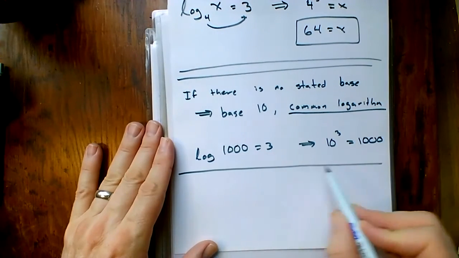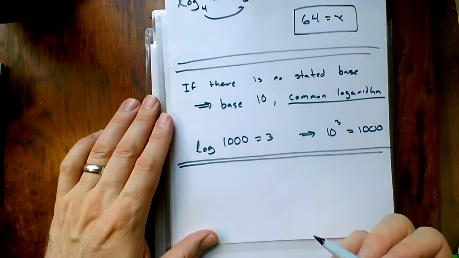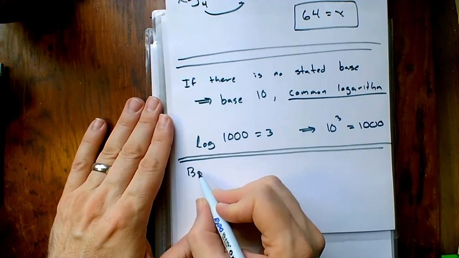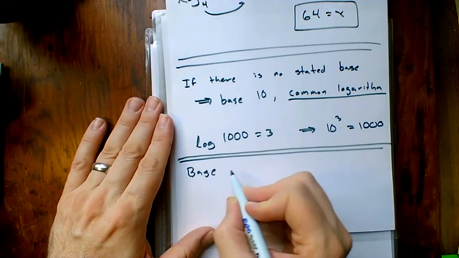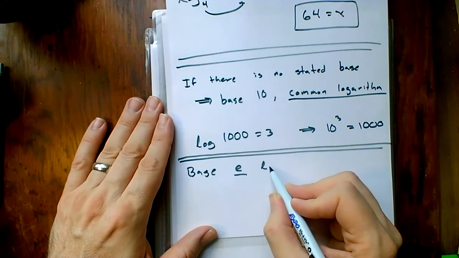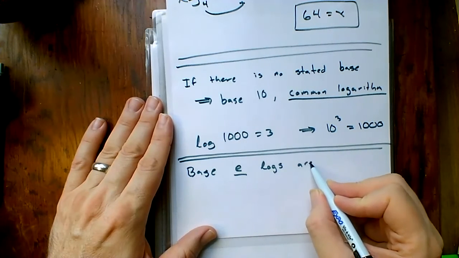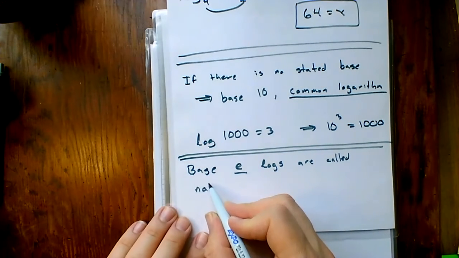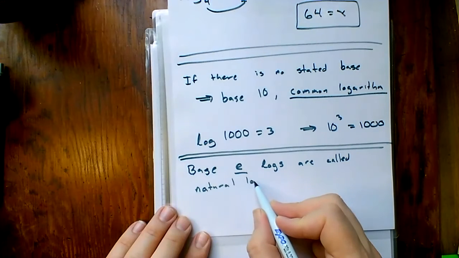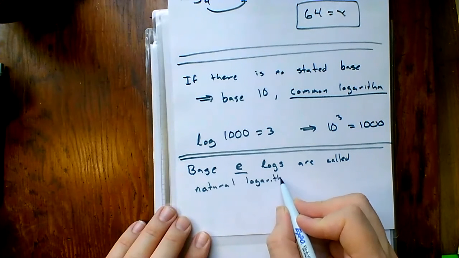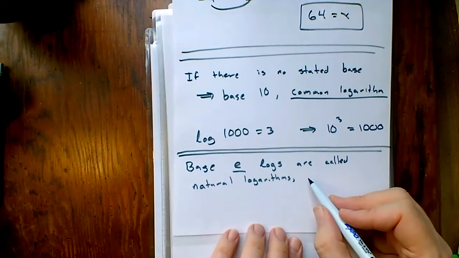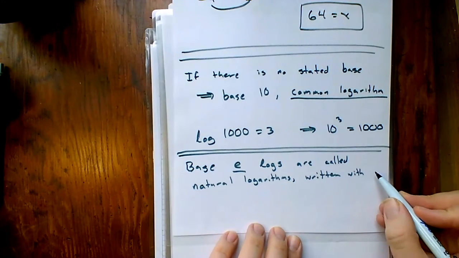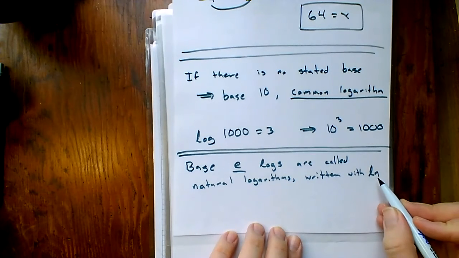There's also a specific base that's going to be very, very useful to us in the future. There is base e. Logs with base e are called natural logarithms, and they're written with this notation of ln, for natural log.